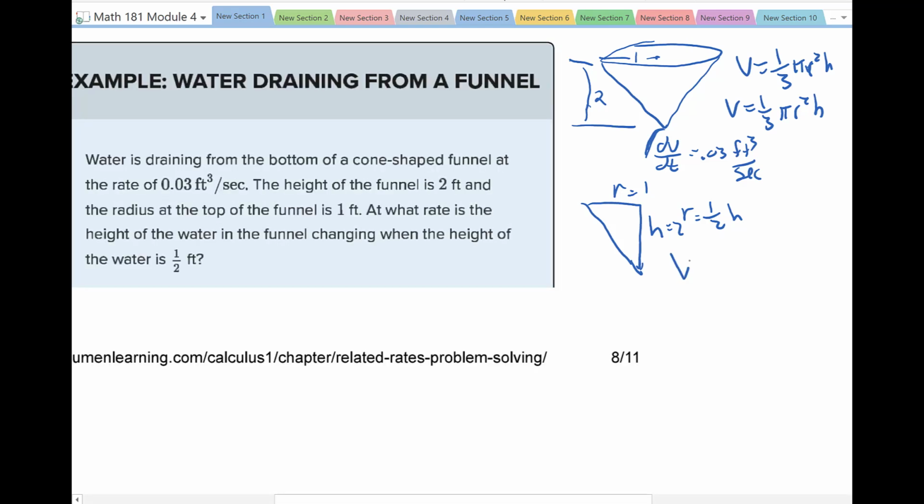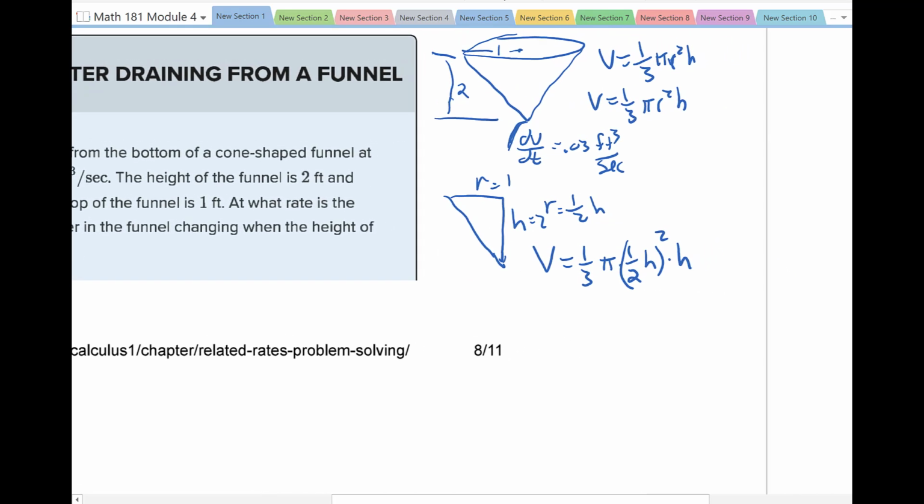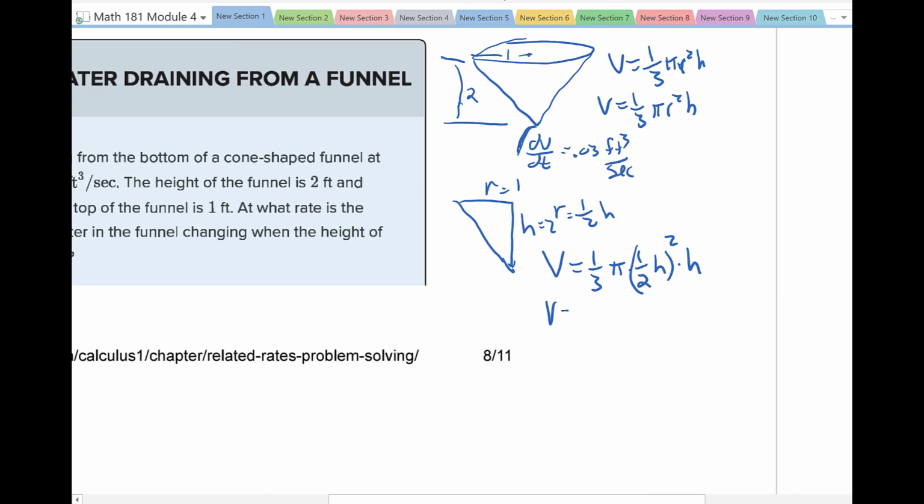So our volume can be expressed as 1/3 pi times 1/2 the height squared, because that took the place of radius, times the height. So our volume is 1/3 pi times 1/8 h cubed, or the volume is 1/24 pi times h cubed.